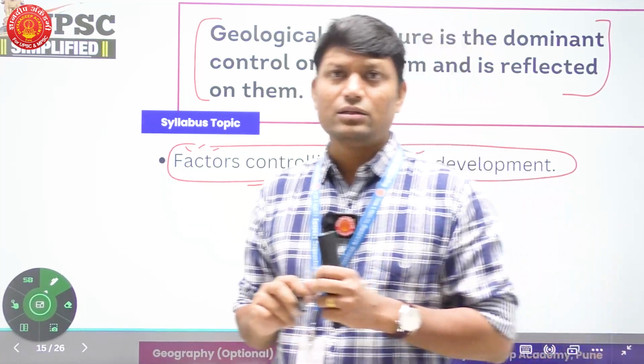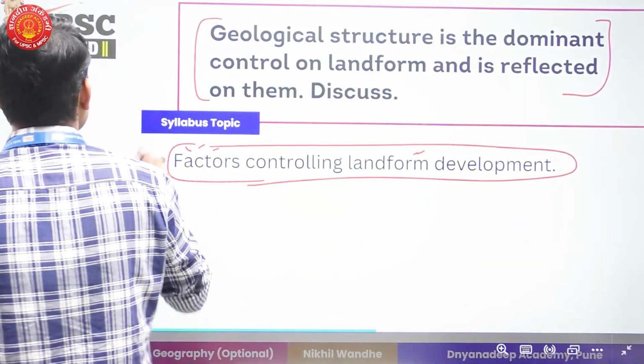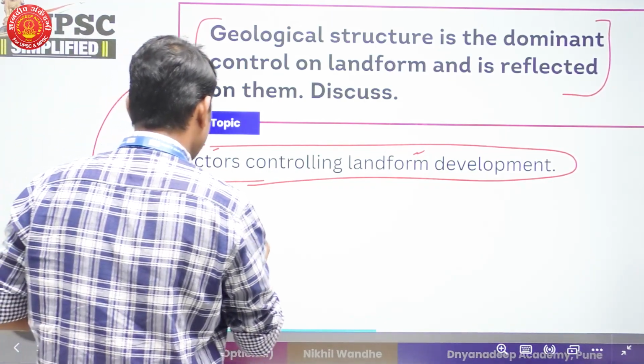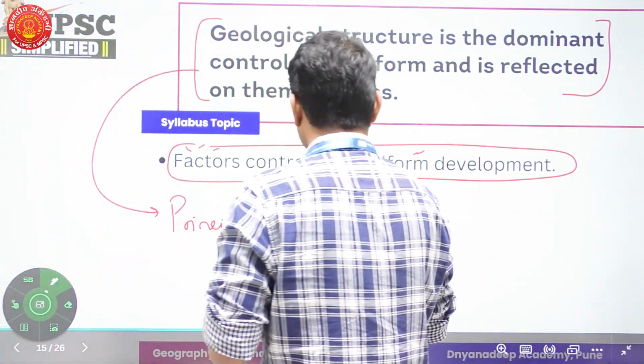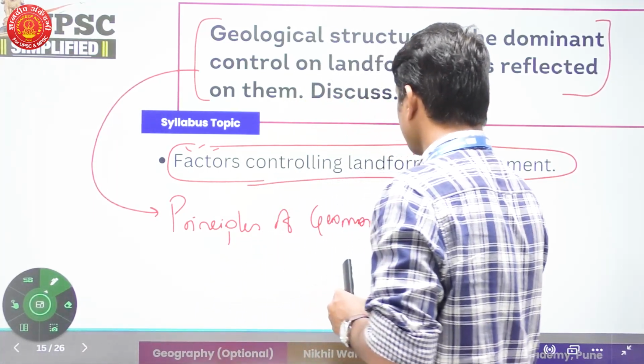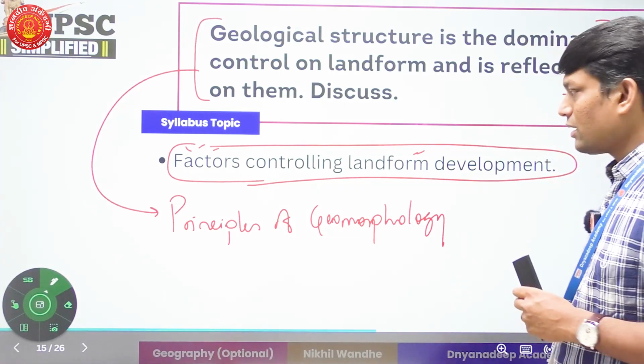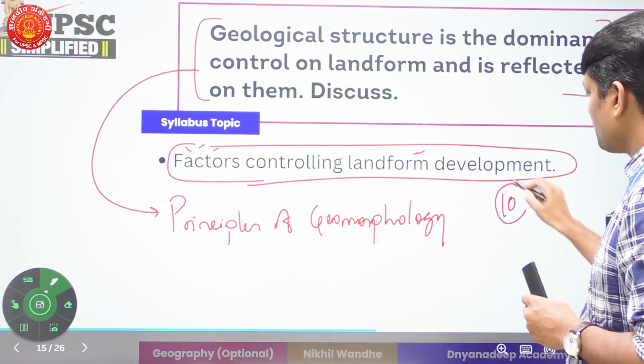Now, from where has this question come? There is something called principles of geomorphology. There are around 10 to 12 principles.